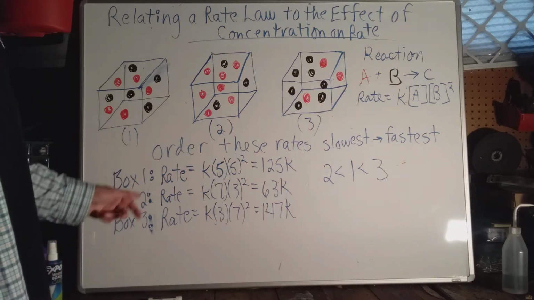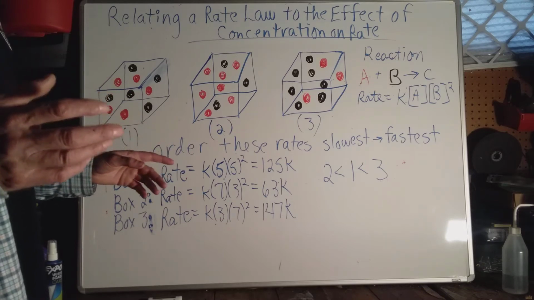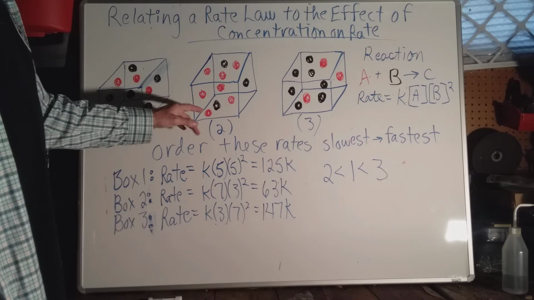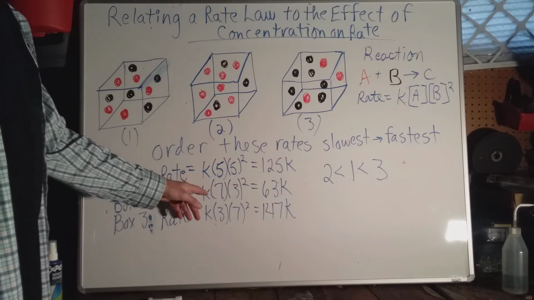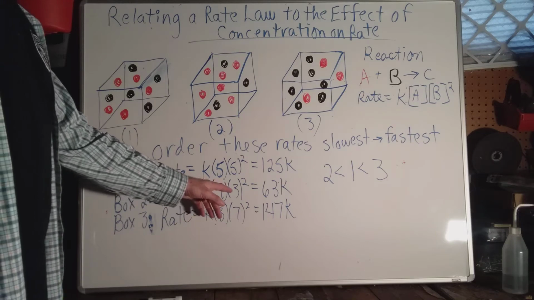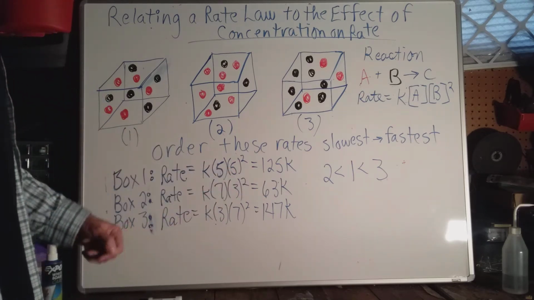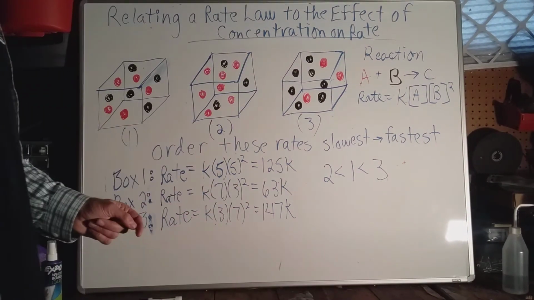In box 2, we have decreased the amount of B significantly to only 3 molecules and increased that of A, represented in red. So we would have K times 7 times 3 squared, being 9, and we would have 63K as our rate. Over in box 3, we reverse the situation.